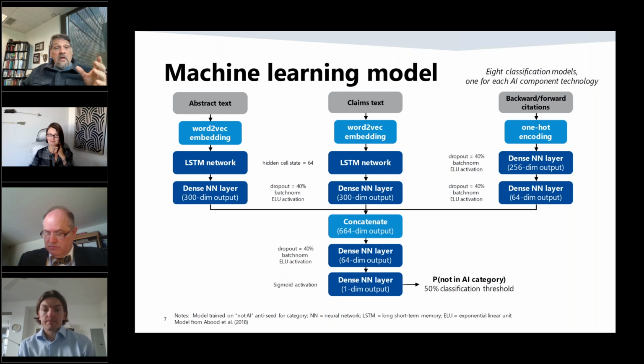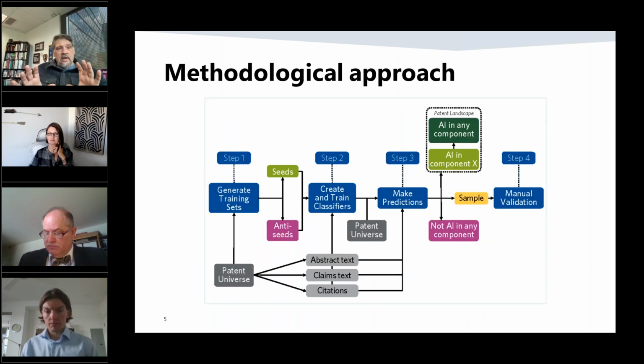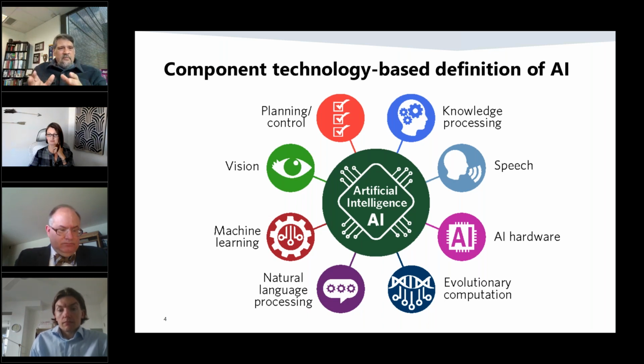When I first saw this paper come out, I thought to myself, this is actually a much more thorough job. Even if you go back a few slides, if we look again at all of the different aspects of AI that have been identified by the office, I thought this was a very good way of breaking it out. I thought it was very practical and certainly contained, for instance, AI hardware. I wrote a Forbes article on AI hardware, and it wasn't easy to identify those items that were AI hardware.